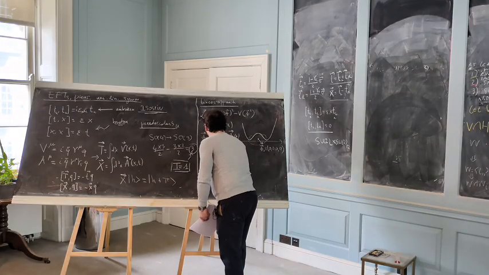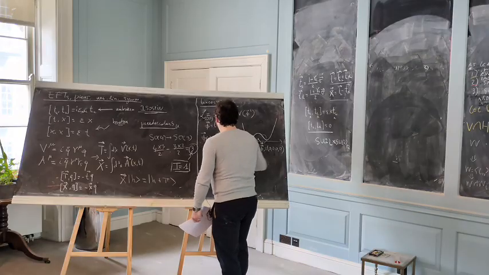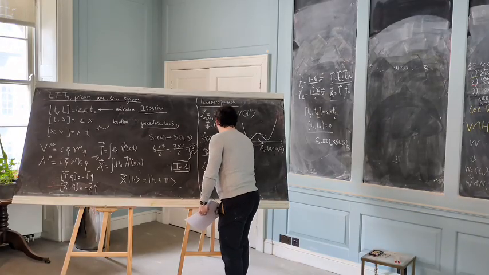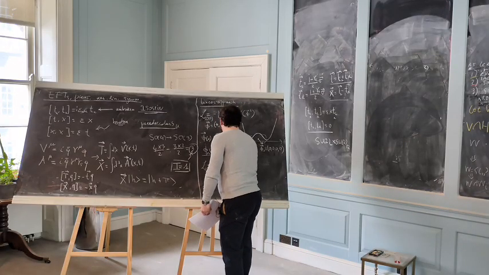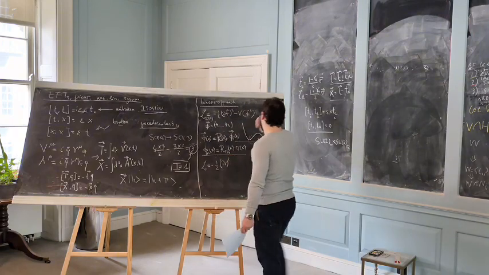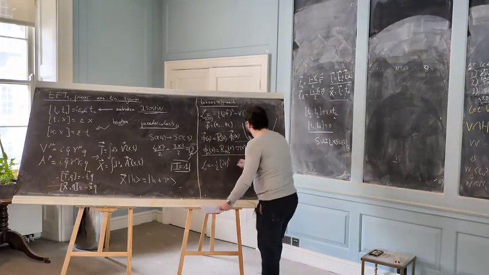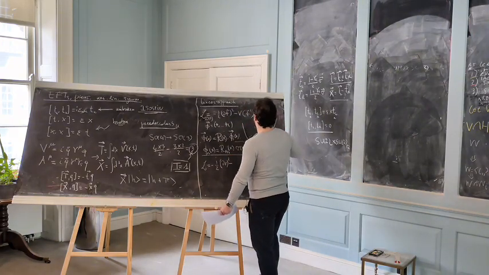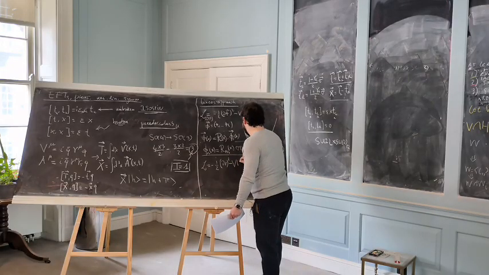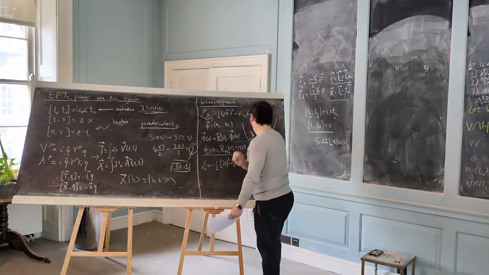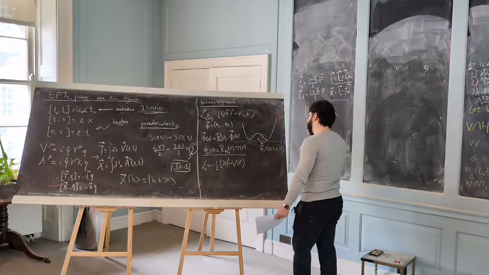So let's do this change of variable. If we do this change of variable, we see that there will be some minus 1/2 (d sigma) squared, so some term for d sigma. The potential will only depend on sigma squared, and I will remind you in a second why.